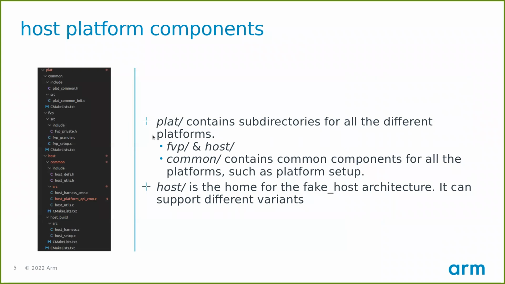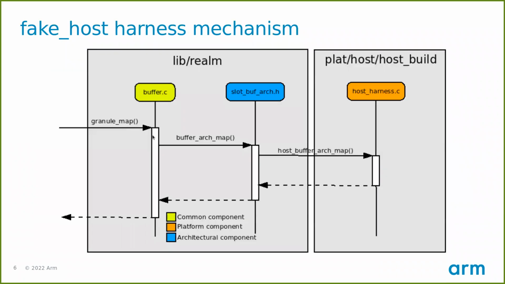So moving forward, one of the things that we meant to explain here is, for instance, the fake host harness mechanism that we have. As Toby mentioned, this is where we have to emulate calls, register calls, etc. In this case, we have a harness implementation which is inside the host build variant of the fake host architecture.